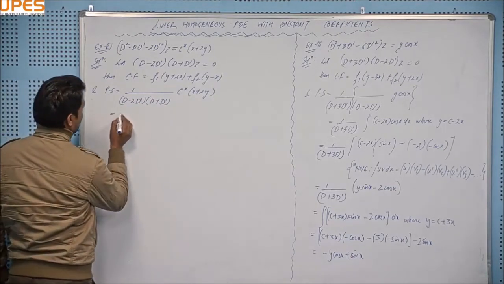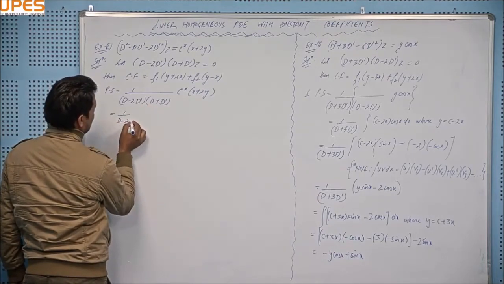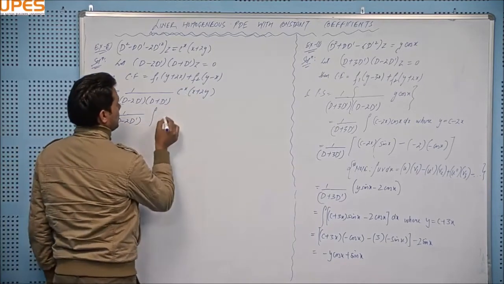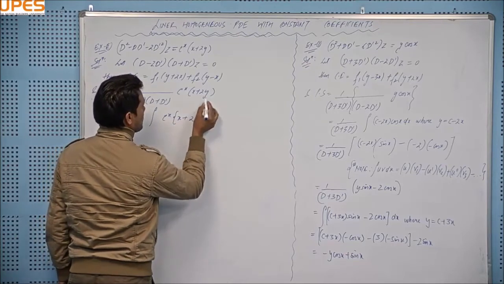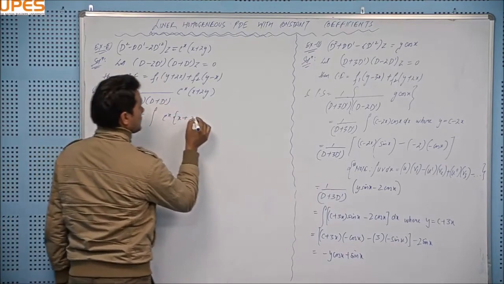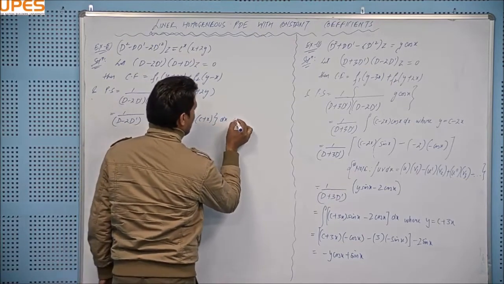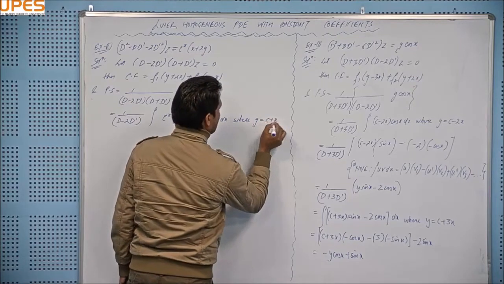Focusing on this factor, 1 upon D minus 2D dash will be waiting outside the integration. Now e to the power x, and this x plus 2 times y will be replaced by c plus x, and here we have dx, and y is replaced by c plus x.